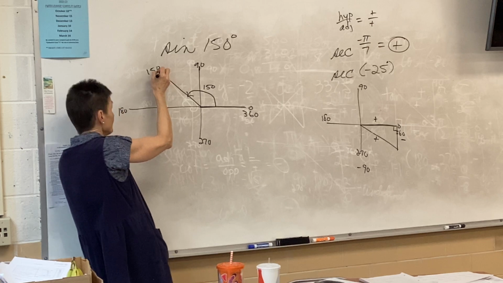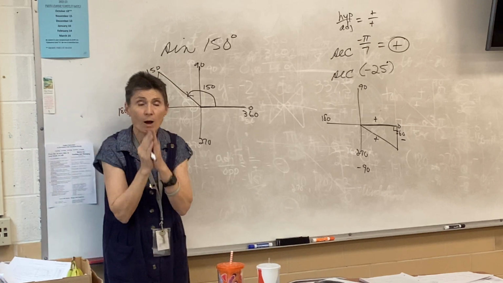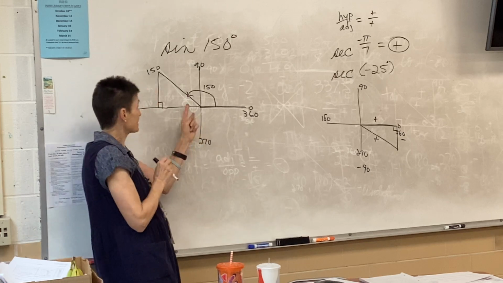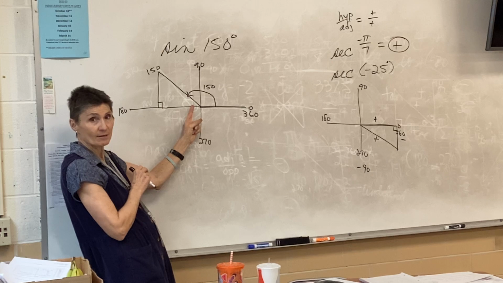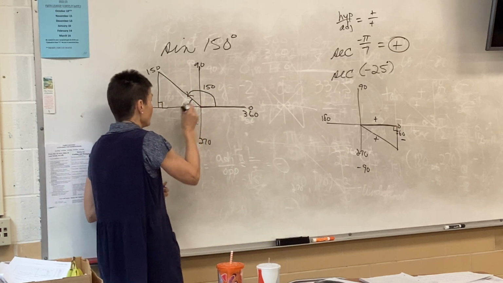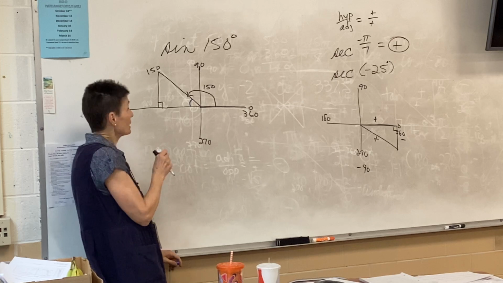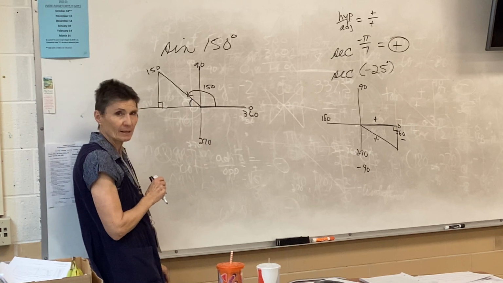Here's 150, here's 180. The key to the problem, guys, is this angle right here. Look where I'm pointing, right there. That's the key to the problem. I'll make it blue. I don't know if you can see the colors or not, but that's blue. How big is that blue angle? Think about it.